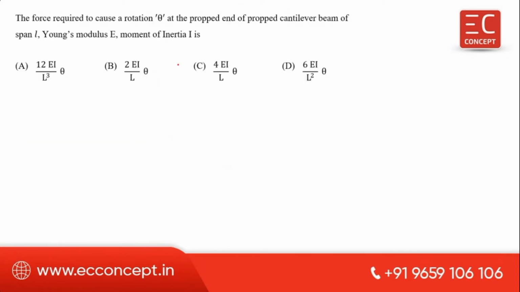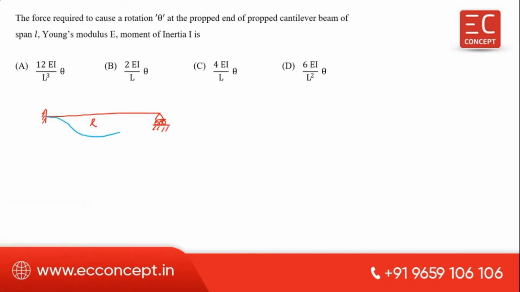Okay. Next question. The force required to cause rotation theta at the prop end of a propped cantilever beam. So this is the propped cantilever beam, and the span is L. How much force is required to cause rotation theta?